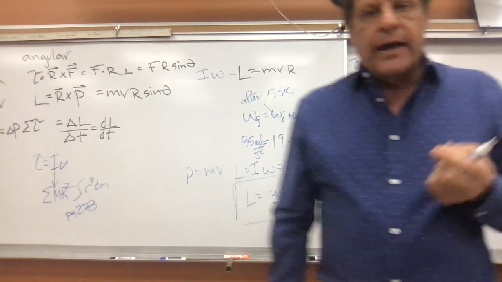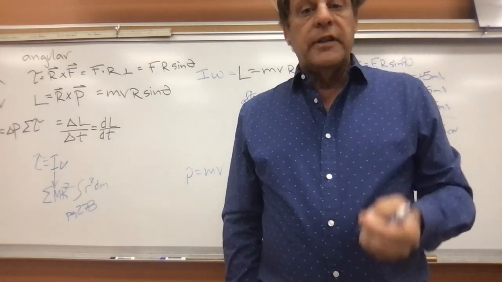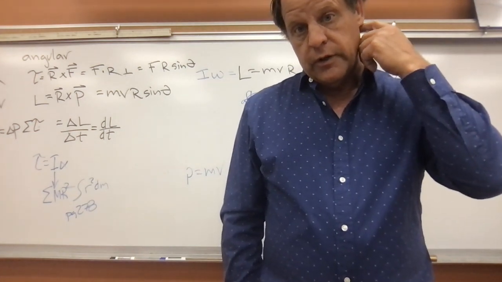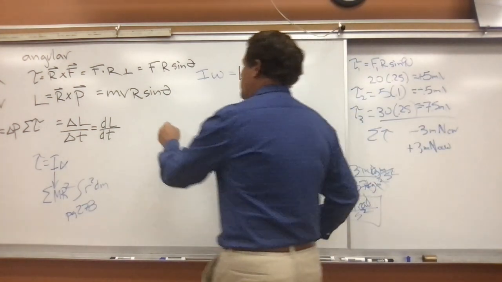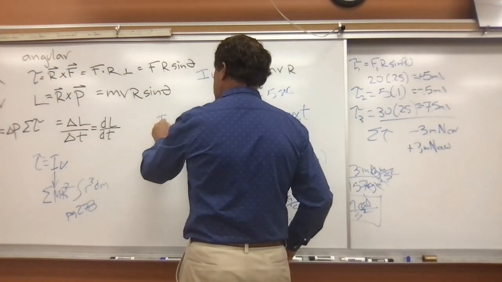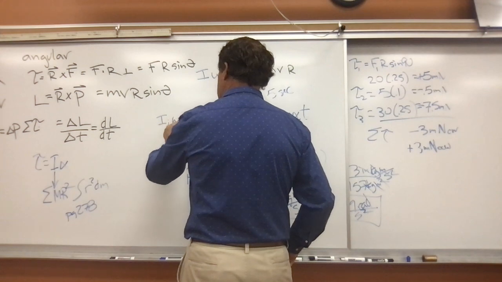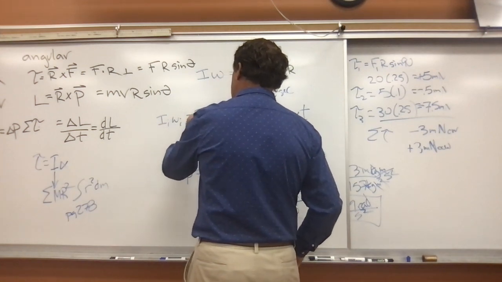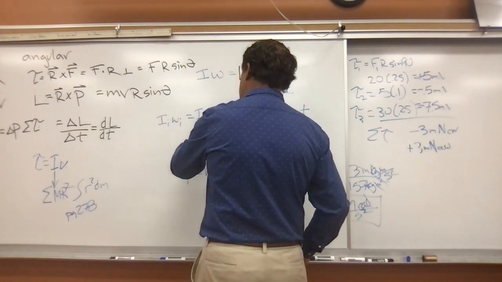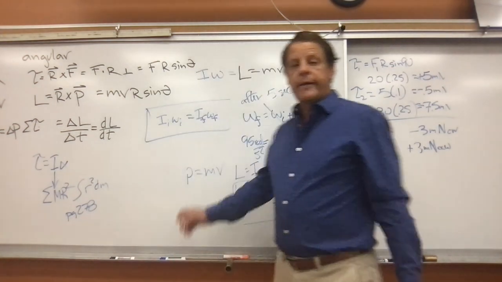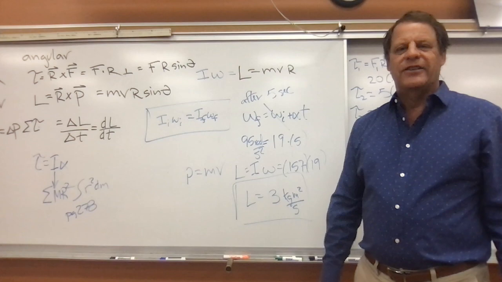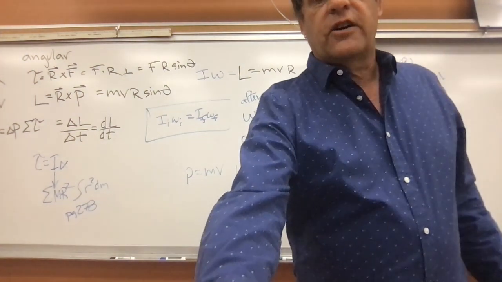And just as linear momentum is conserved, angular momentum is also conserved. So we can say I initial omega initial would equal I final omega final. So we will talk more about that next time.